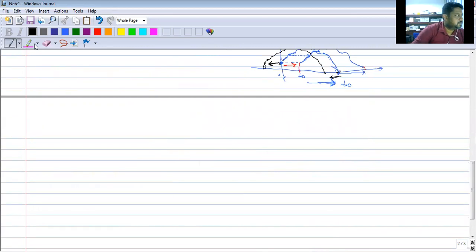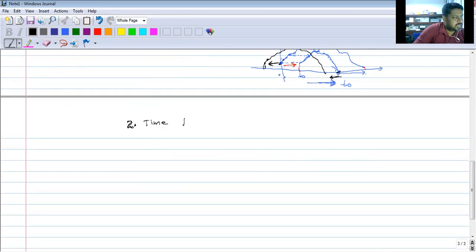Finally, we will do some examples, then you will have a good understanding. So we will move to the second technique, that is time reversal.